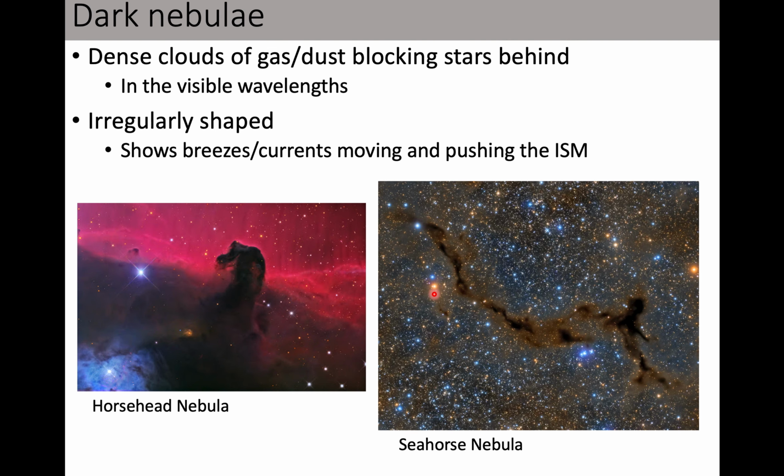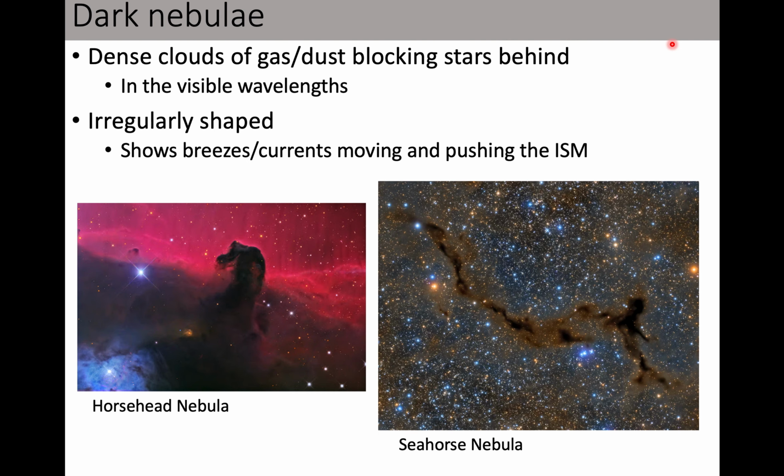So in the visible wavelengths, when we are observing the ISM, we see this dark material. We don't actually see the ISM, but what we see is where it exists because it's blocking what we should be seeing behind it.